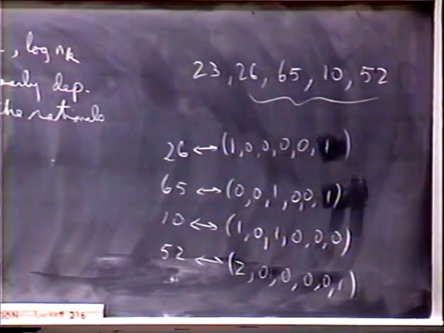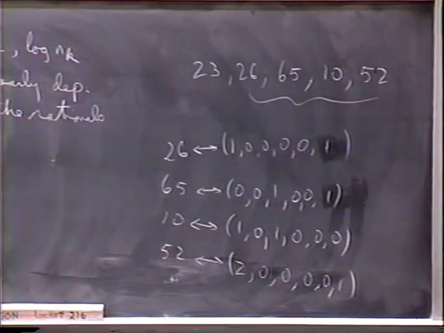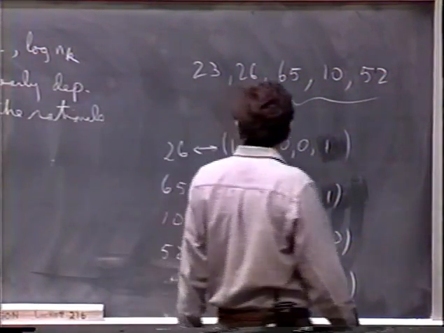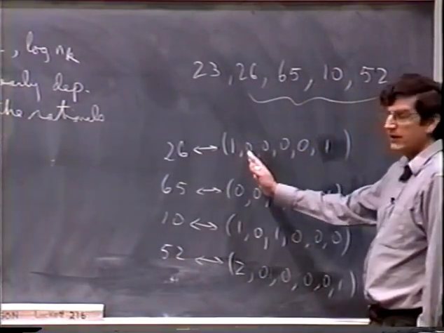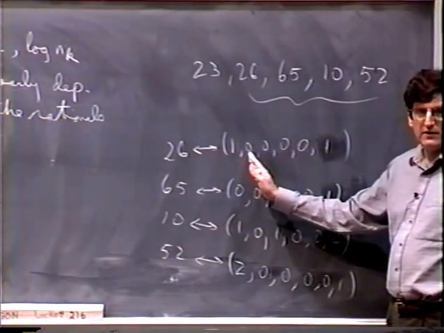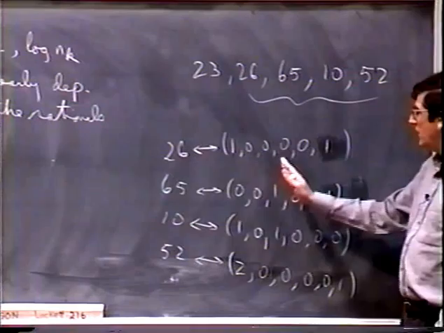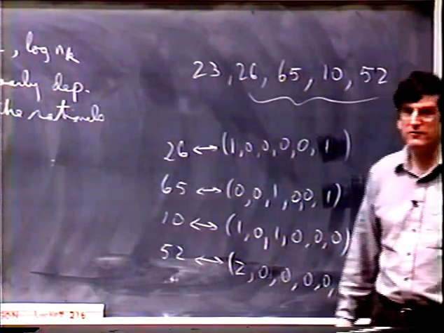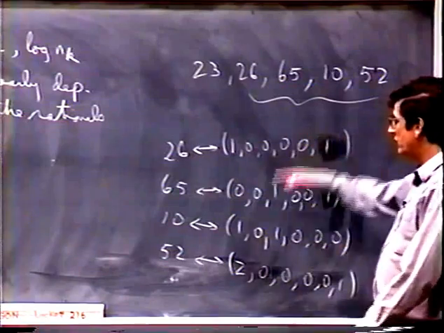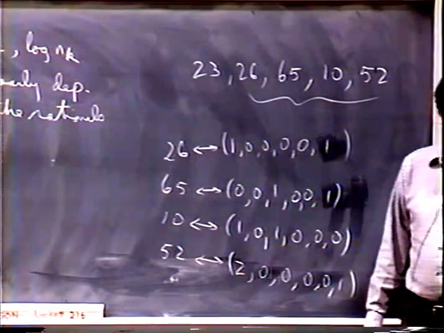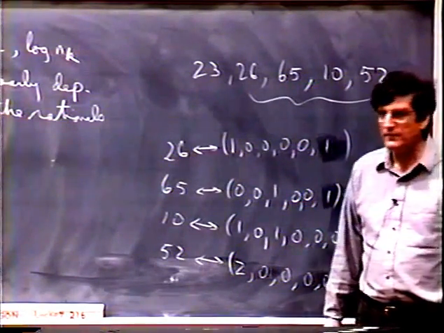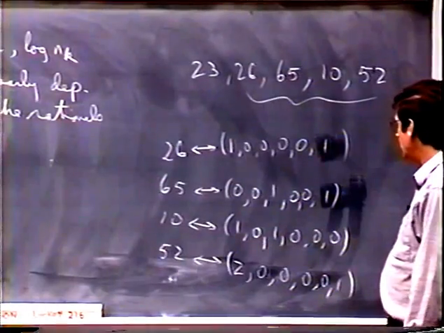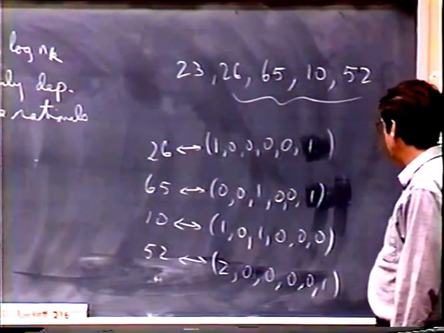Okay, so what is my vector space? My vector space consists of 6-tuples that have to be 0 in the coordinate for 3 and the coordinate for 7 and 11. That's a 3-dimensional subspace of R6. And I have 4 vectors in it, and they have to be linearly dependent. In fact, can we write down a linear dependency?